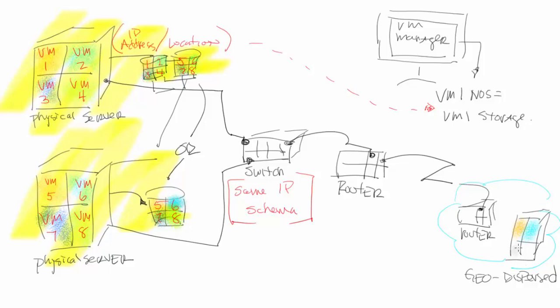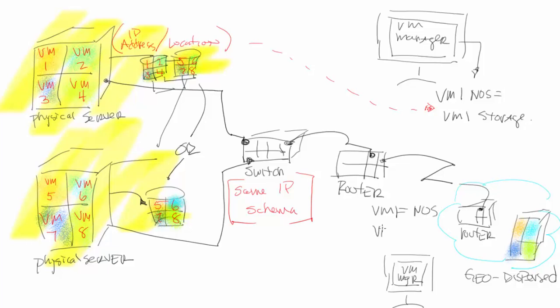No different than your first environment, you still have an IP schema that is running within that geo-dispersed environment. The difference is you cannot broadcast the same type of IP addresses from both sites, or something will go wrong, right? You can't have duplicate IP addresses out there.